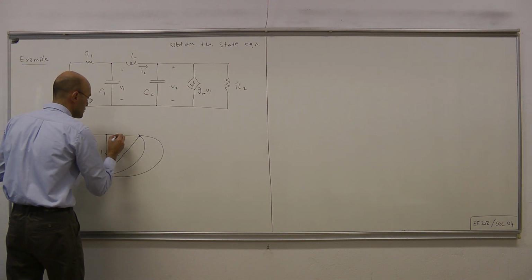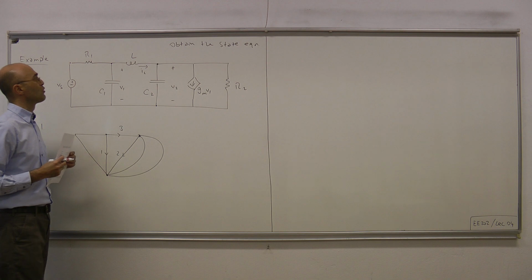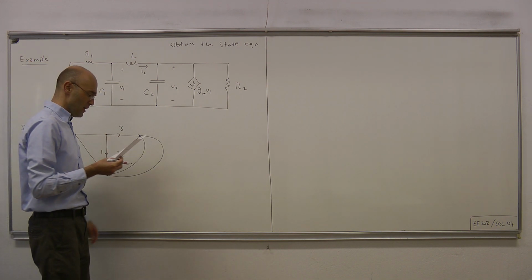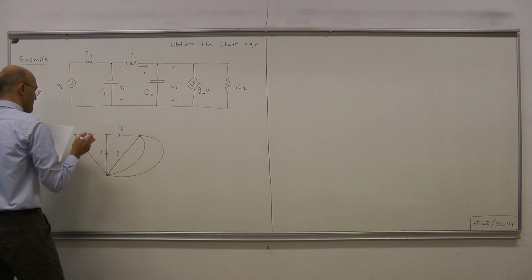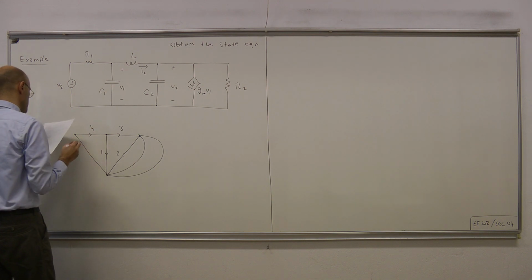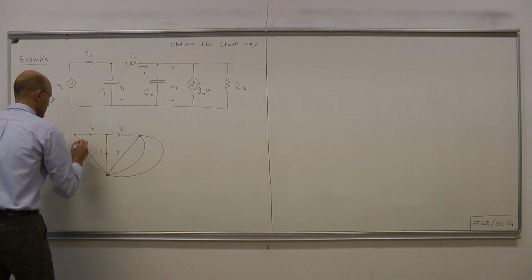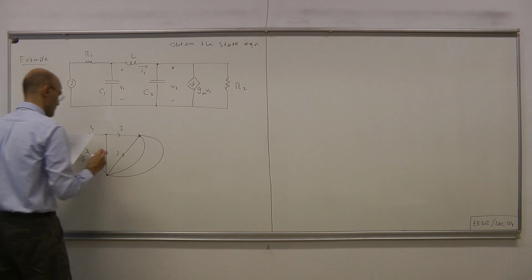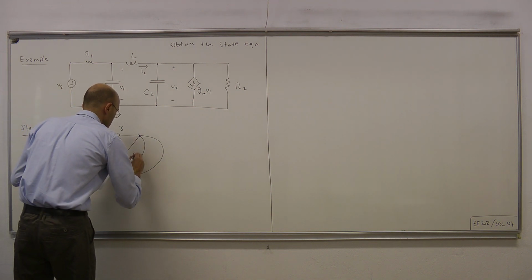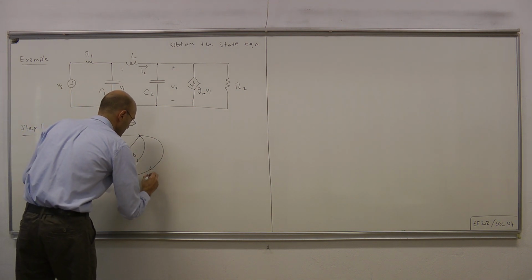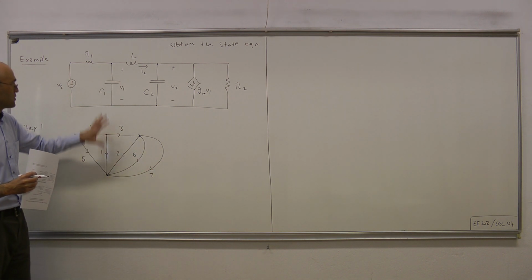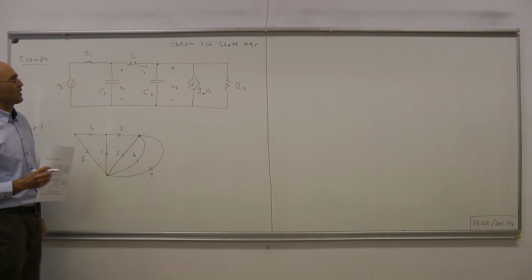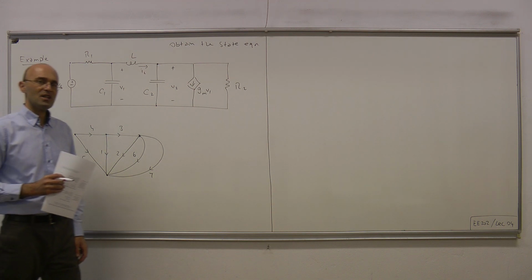Let's call this branch 3 corresponding to the inductor, and so on. So the remaining branches are labeled as follows: 4, 5, 6, and 7. Okay, so this is a graph with proper labeling representing this circuit.